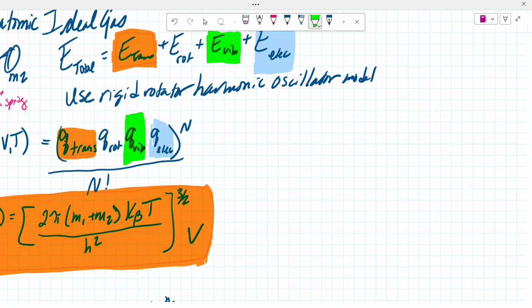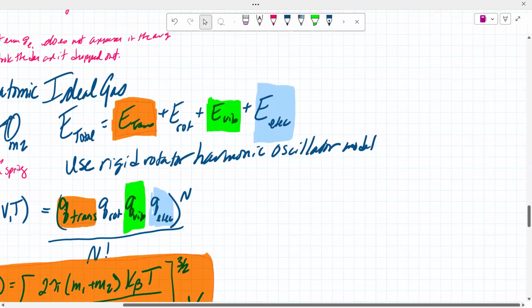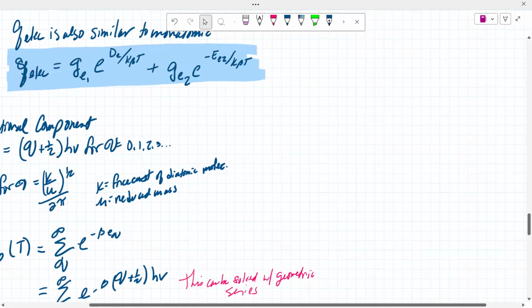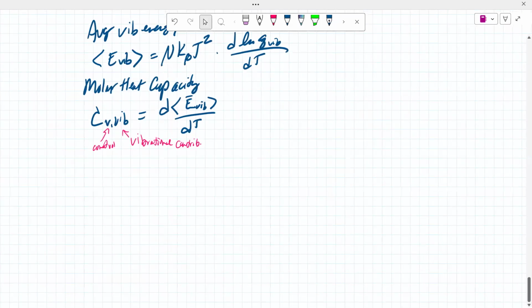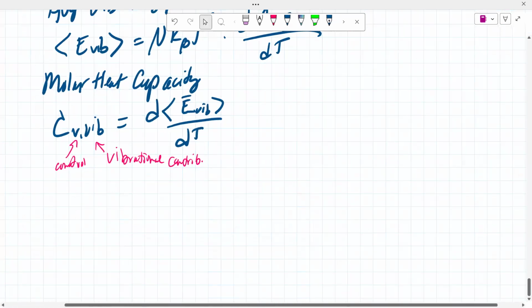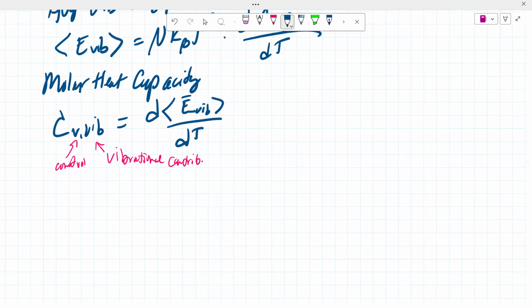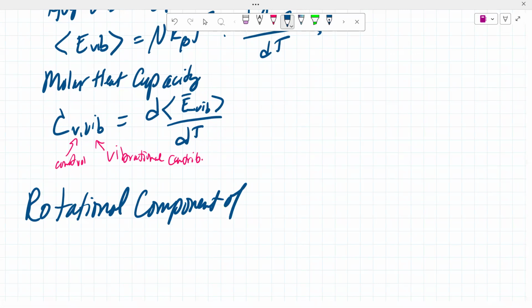Those are those terms. We have one term left that's not yet colored, and that is rotational. Yellow. All right, let's do it. Okay, rotational component of the diatomic gas.